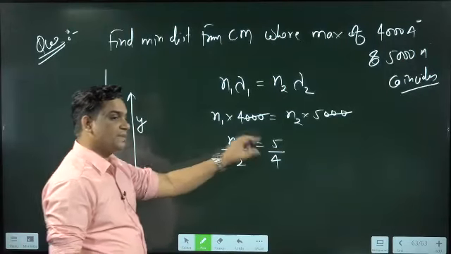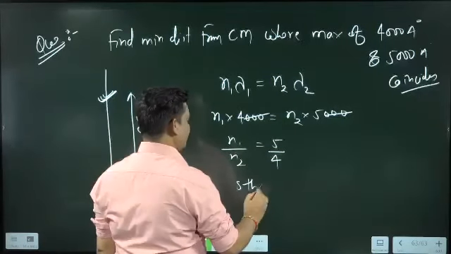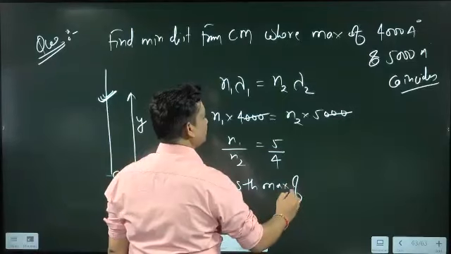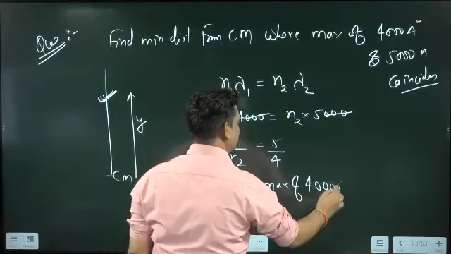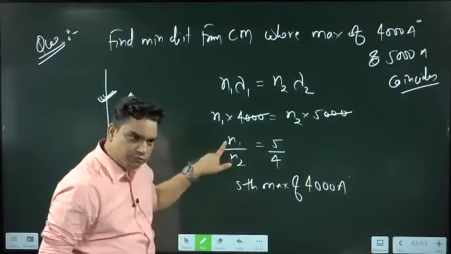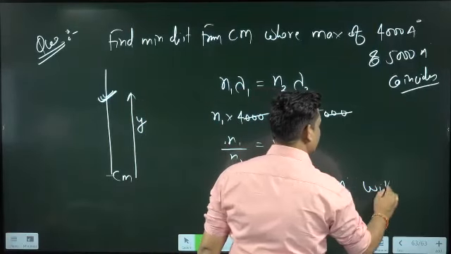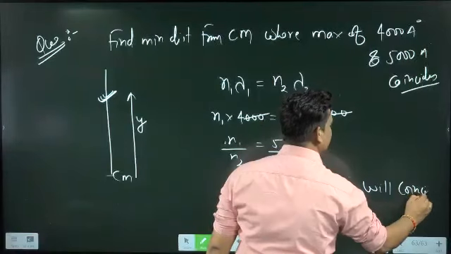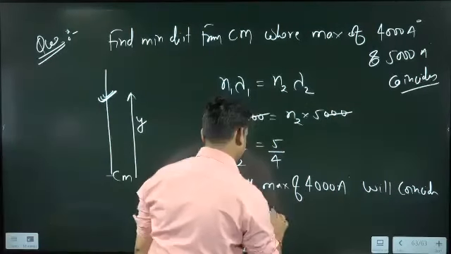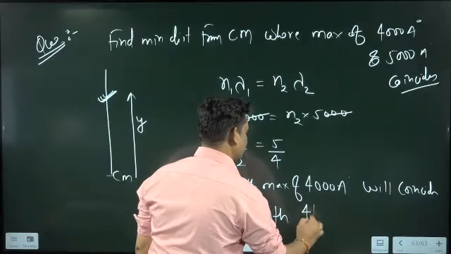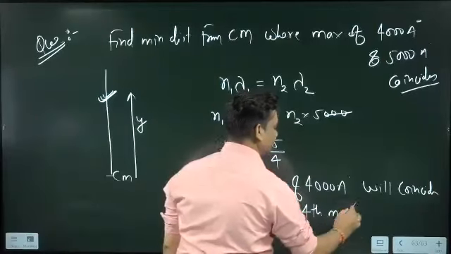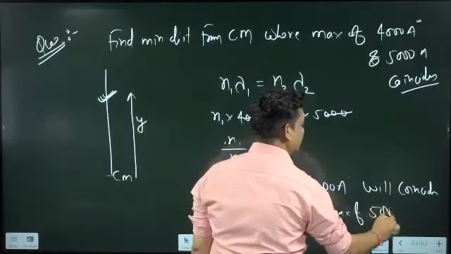So we can say the 5th maxima of 4,000 angstrom, because n1 is for 4,000, will coincide with the 4th maxima of 5,000 angstrom.